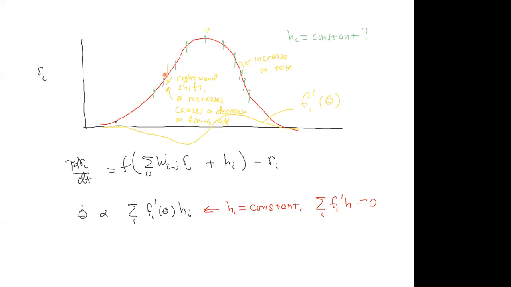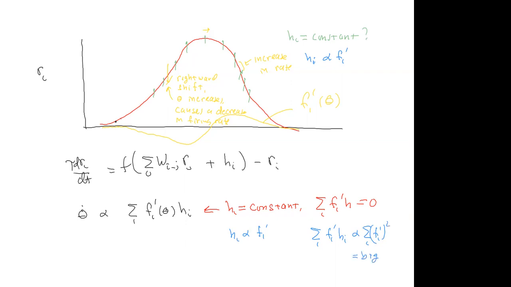On the other hand, if you say hi prime, so what you really want is hi proportional to fi prime. In that case, the sum on i of fi prime hi is proportional to the sum on i of fi prime squared, and that's big, okay?